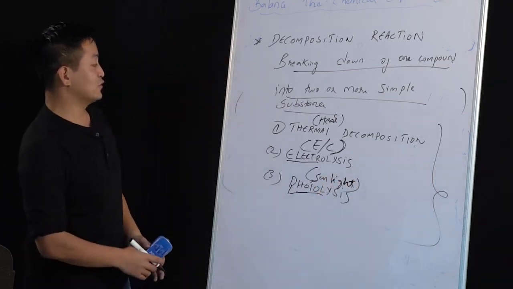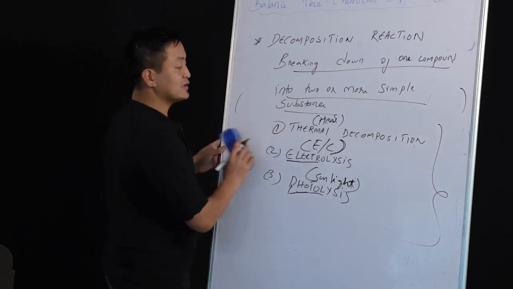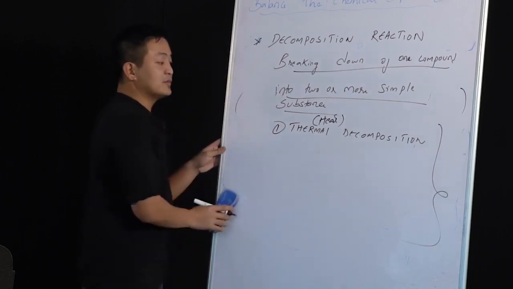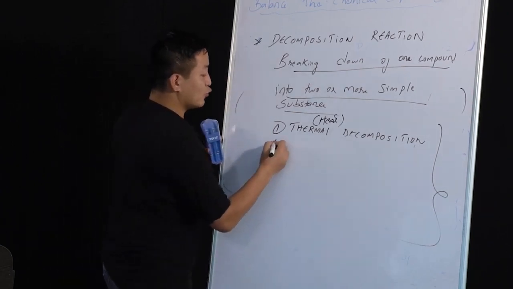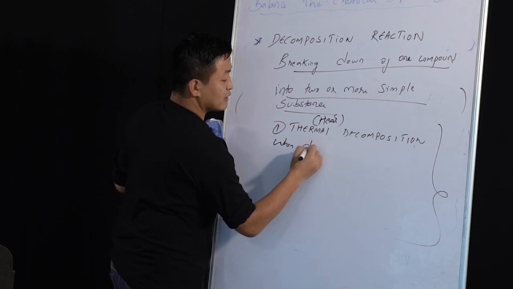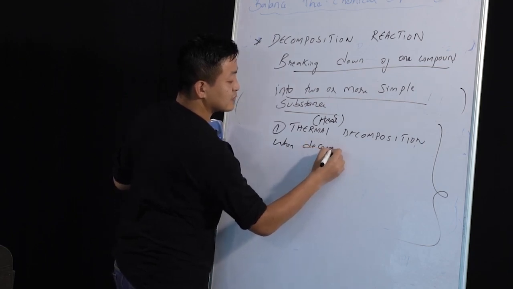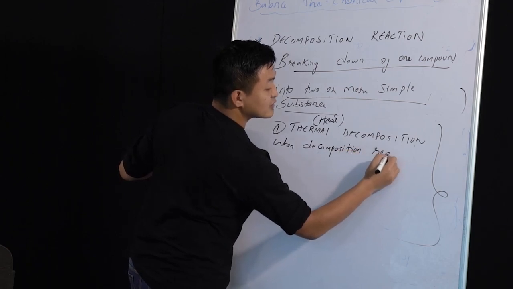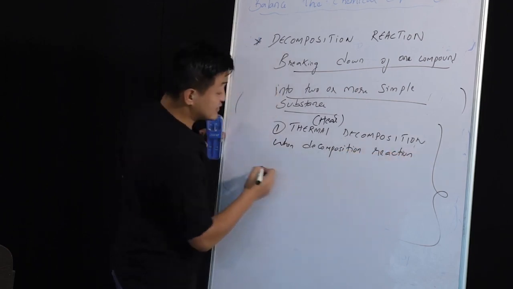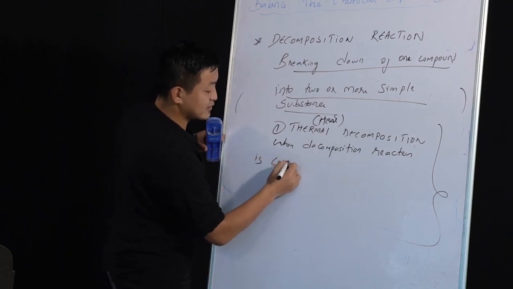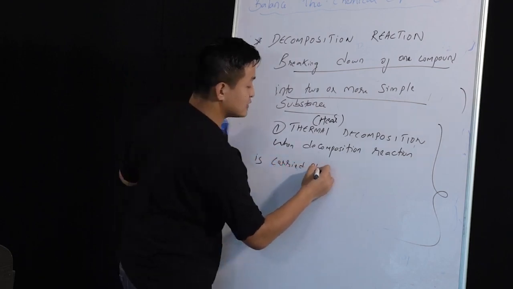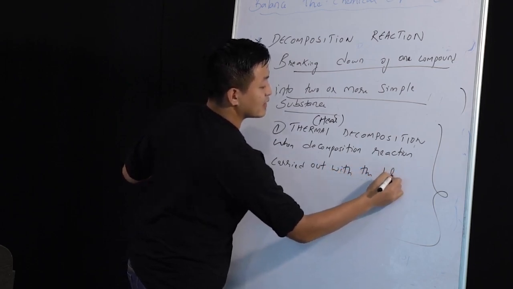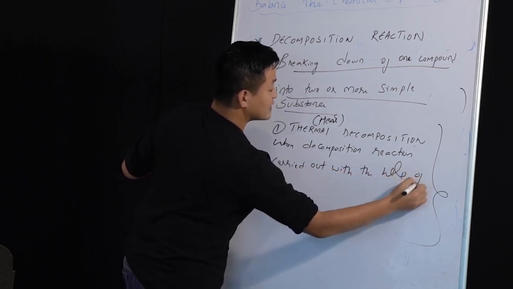compound. So first, let's see thermal decomposition, and I'll give you an example for that. Thermal decomposition, you can write: when decomposition reaction is carried out with the help of heat.